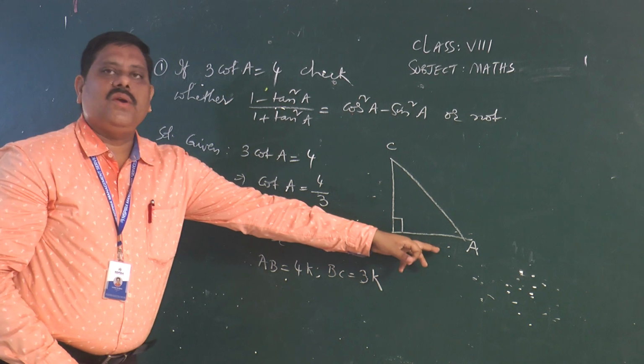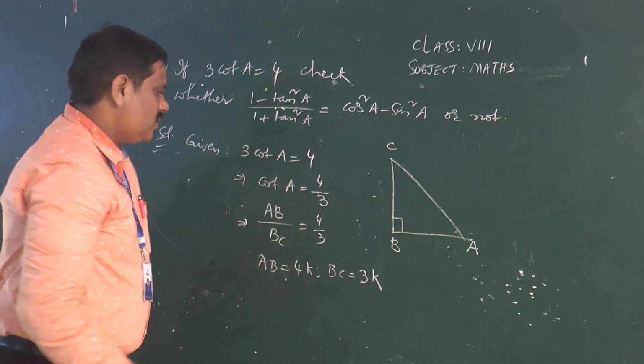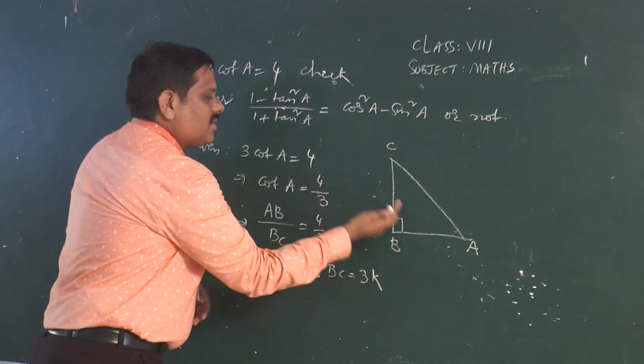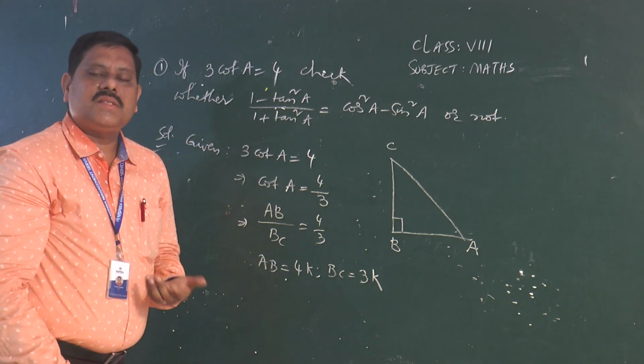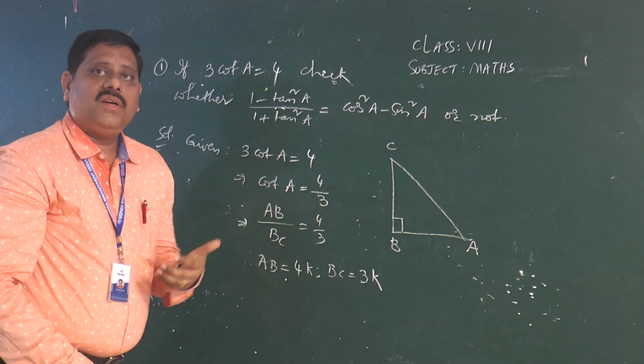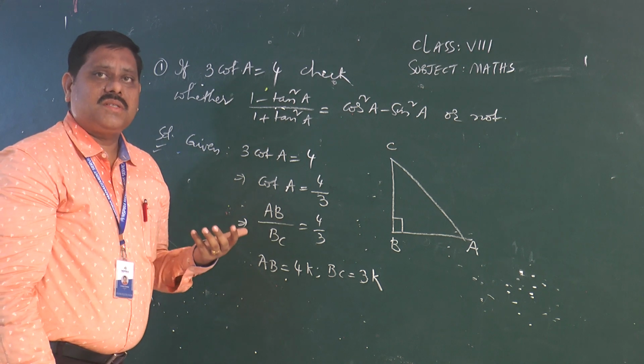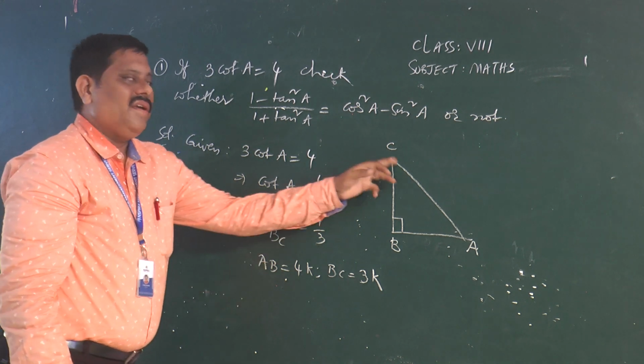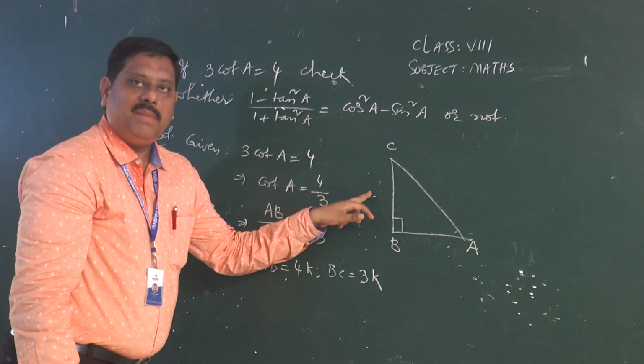So first you have to find out the value of AC. You know AB as well as BC, so how can you find AC? We have to go for the Pythagoras theorem.